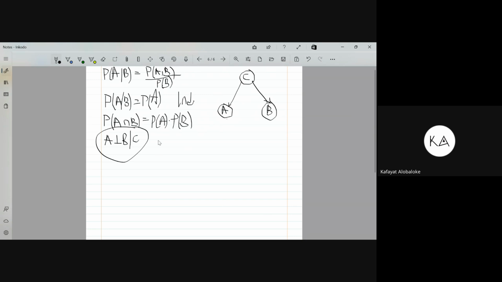All right, so in this case, what is the joint probability of A, B, C from this graphical network? Who wants to help us with that? Probability of A, comma B, comma C equals what? Anybody? Anyone?